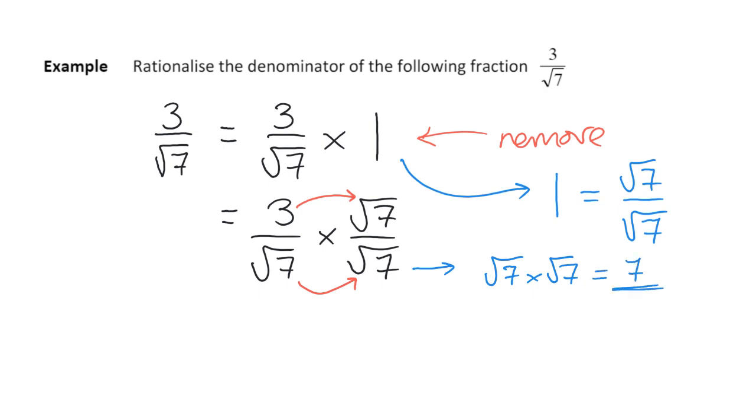So if we take the top, 3 times root 7 is 3 root 7, over root 7 times root 7, which just becomes 7, and there we have a rational denominator. The number on the bottom is not under a root. The root 7 times root 7 allows us to remove the root, and we have our final answer.